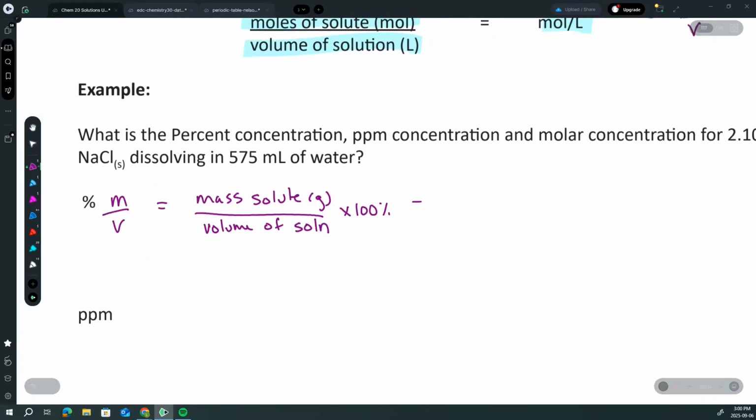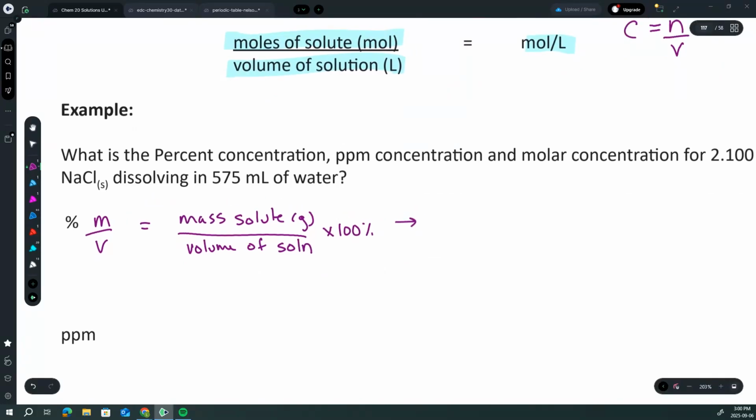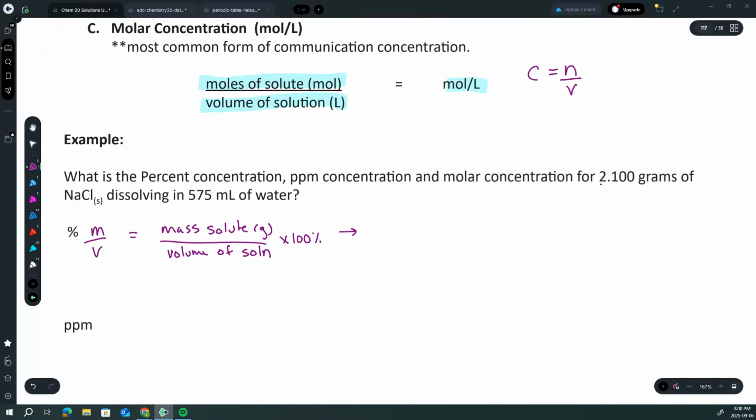All right. So filling in this equation here, my solute, that's going to be the 2.100 grams of sodium chloride because it gets dissolved in the water.